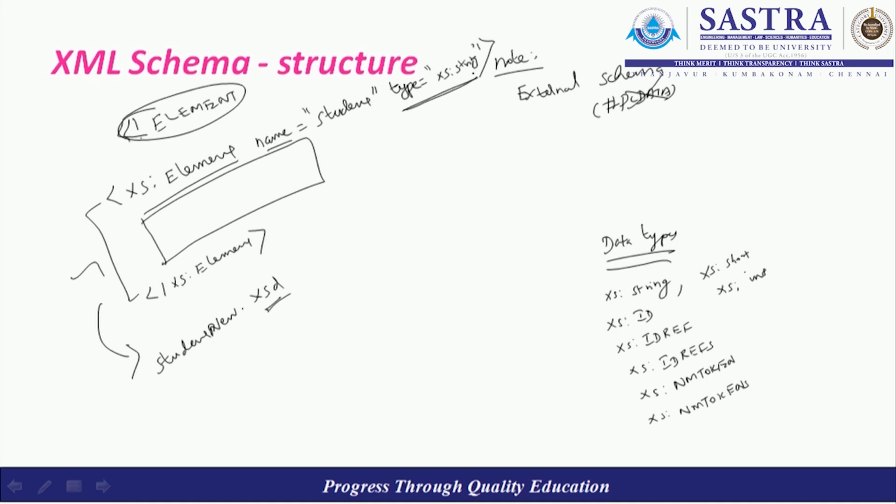Only two attributes I have used: name, used for specifying the element name, and type, used for defining the element to hold text.